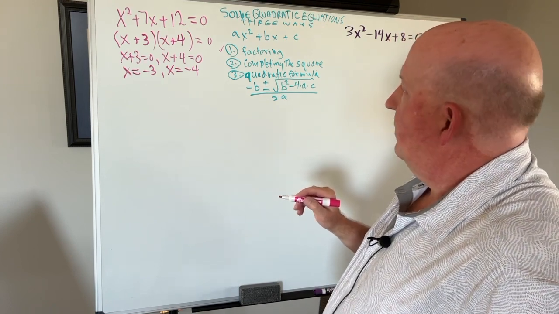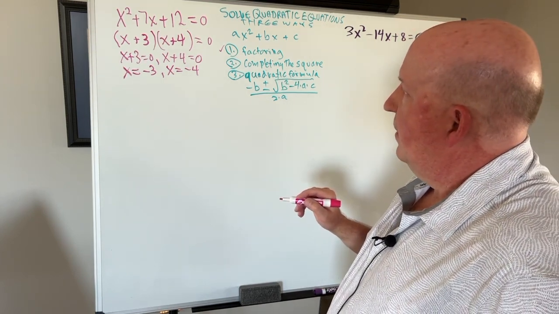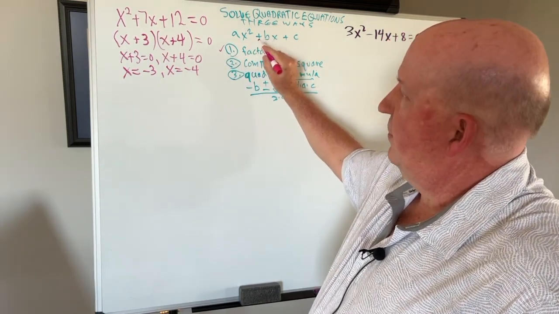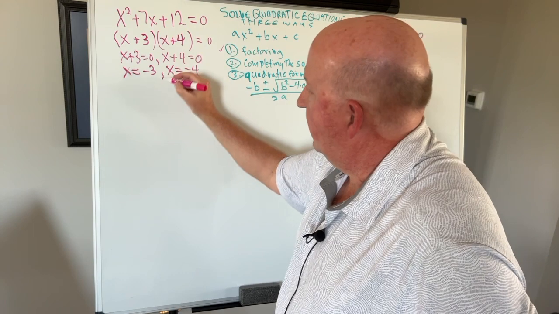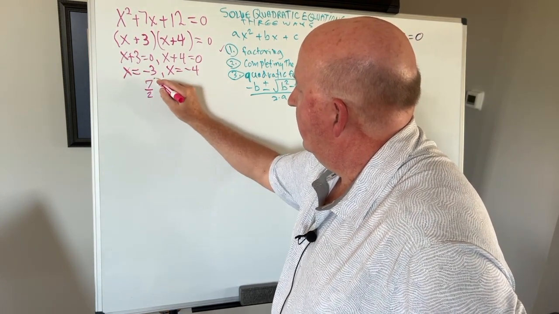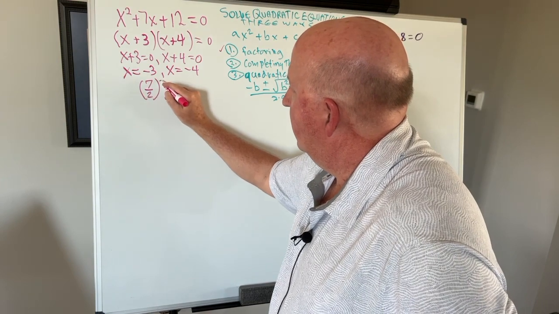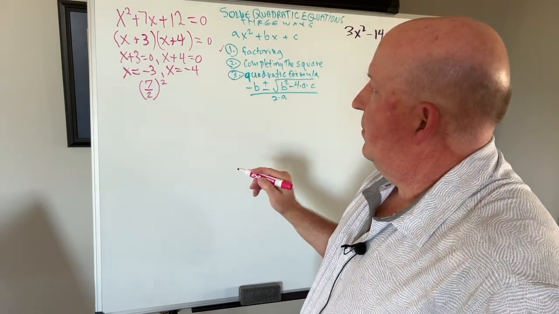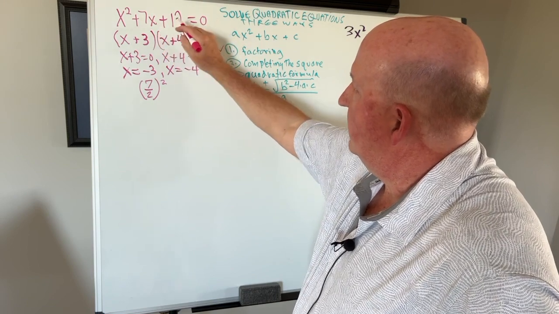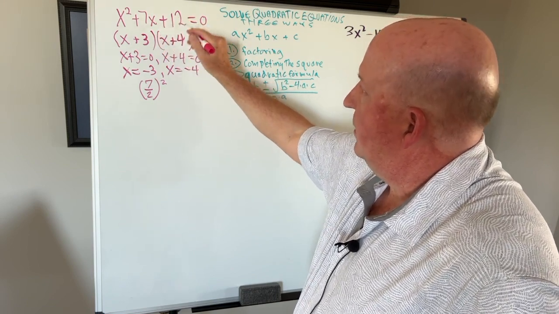Completing the square is where you take b, divide it in half, and square it. So 7, divide it in half and then square it. Then the next thing you do is add it on both sides, or actually plus and minus in the equation.